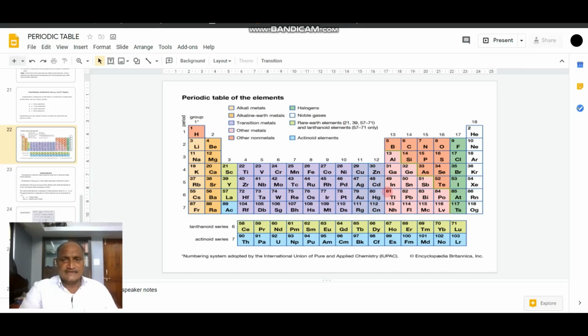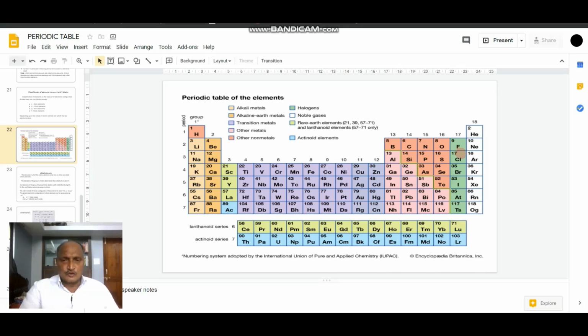Elements placed at the right side of the periodic table, starting from the boron family to the noble gases, except helium, are called P block elements.